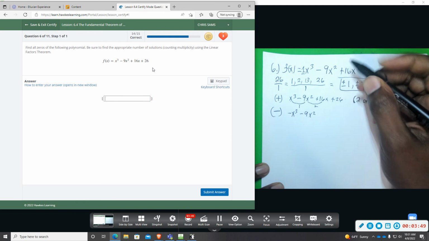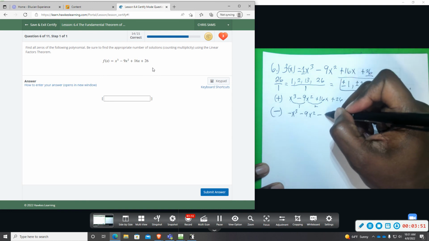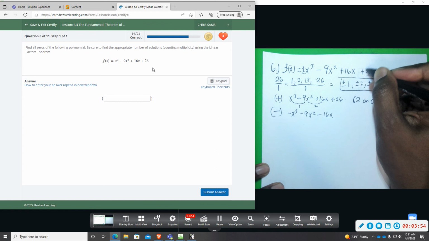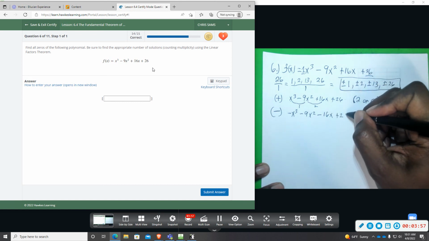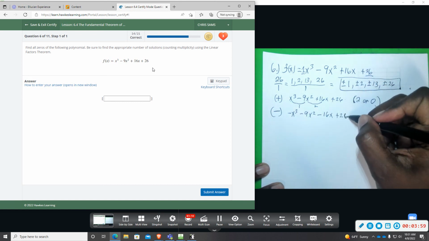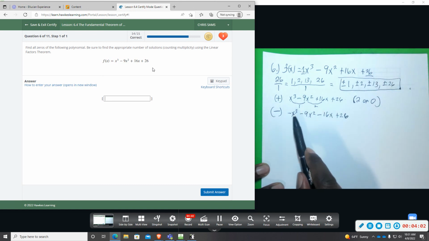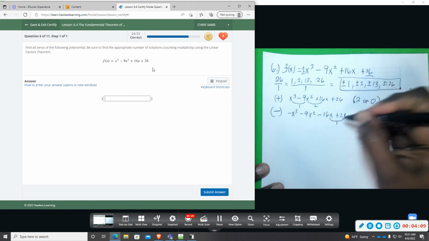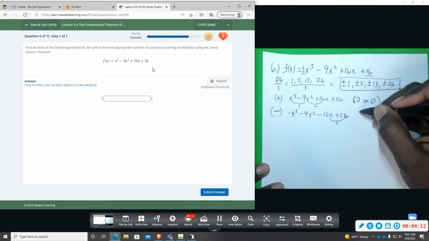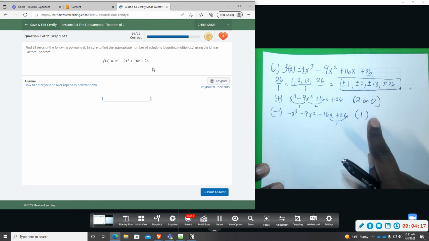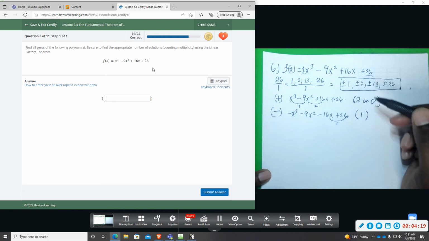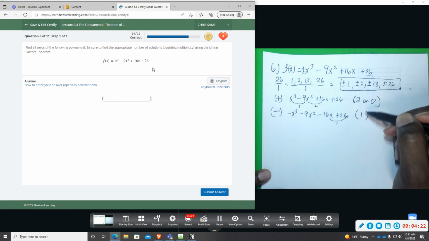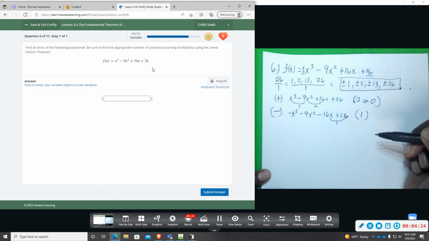And then odd will become opposite sign, so it's going to be a minus 16x, and then that will stay the same because it doesn't even have an x with it. So this starts out negative, it stays negative, it changes to positive. So there's 1 sign change. So as far as negative zeros, there's only 1, and I can't subtract 2 from 1. It will give me a negative 1. That wouldn't make sense. So there's going to be 1 negative zero and 2 positive zeros.